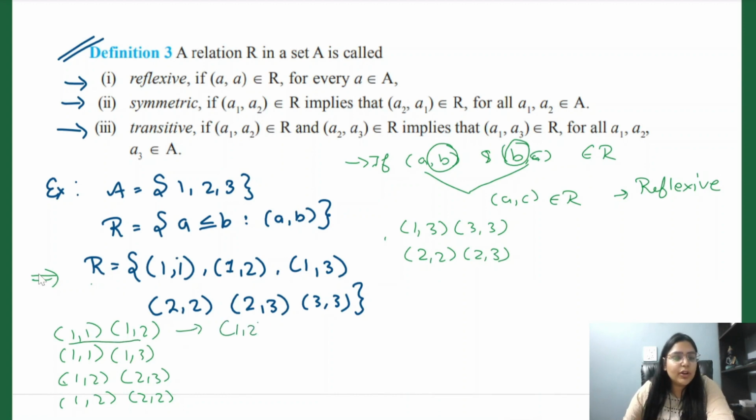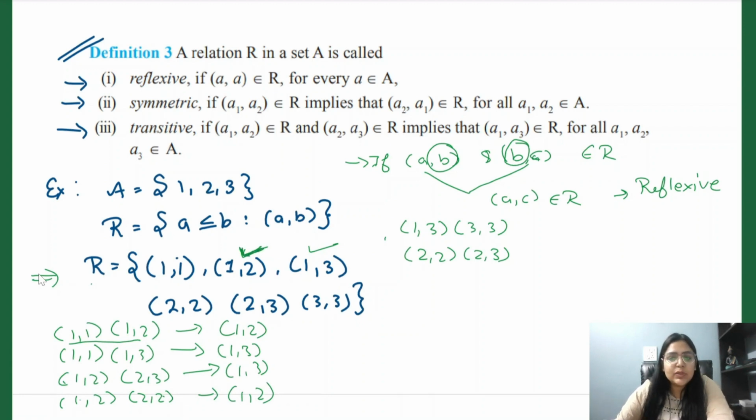We should have 1 comma 2. Can you find 1 comma 2 here? Yes, I can. Now for the next pair, we should have 1 comma 3. Can you see 1 comma 3? Yes. For the next pair, it should be again 1 comma 3, and we have 1 comma 3. Next pair, we should have 1 comma 2. Can you see 1 comma 2? Yes, I can. I'm sure you all can.